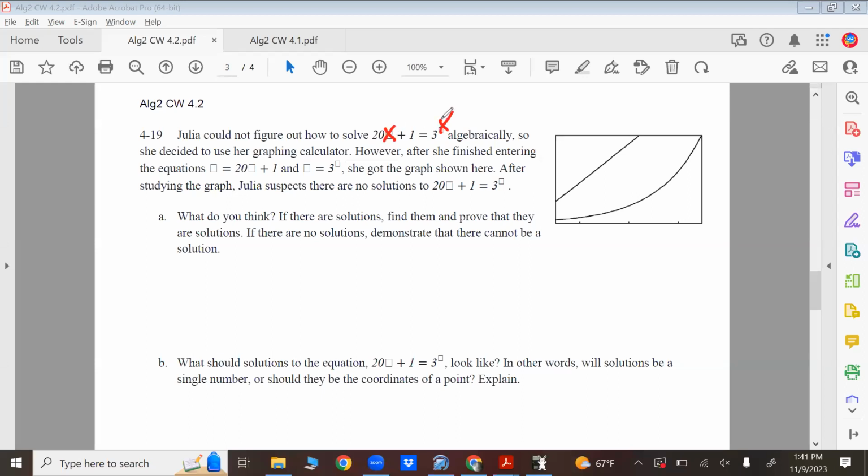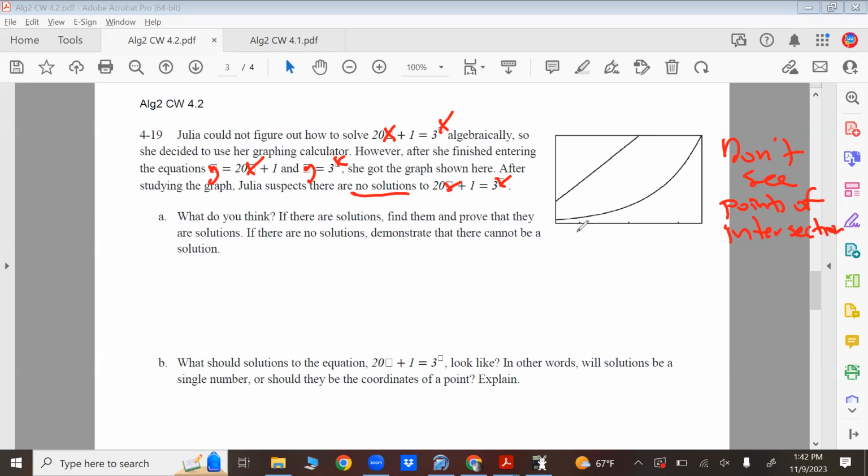After she finished entering the equation, y equals 20x plus 1 and y equals 3 to the x, she got the graph shown here. So she probably thought, well, there's no solution, because you don't see points of intersection. How come she's not seeing any points of intersection?